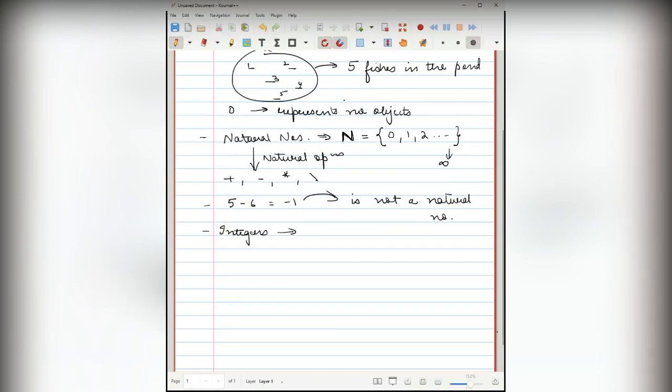So integers just extend the natural numbers with negative numbers.